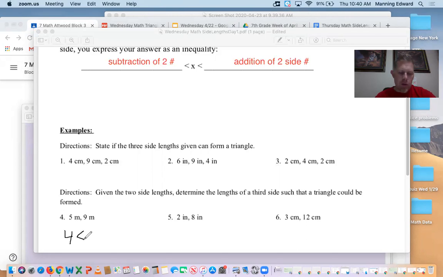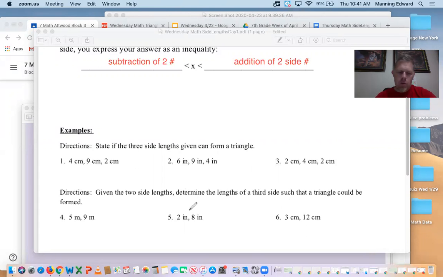And 5 plus 9 is 14. So what could x be? Well, as long as it's bigger than 4 and smaller than 14. So I could just say 10. 10 meters would work. Anything between 4 and 14.